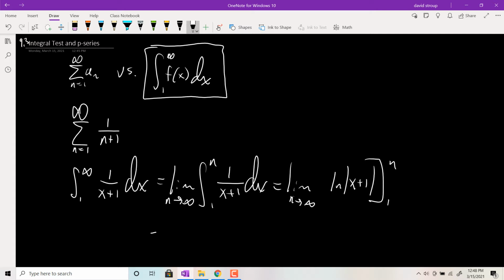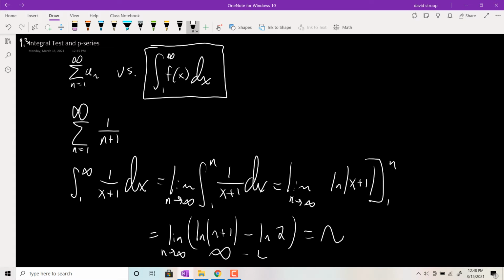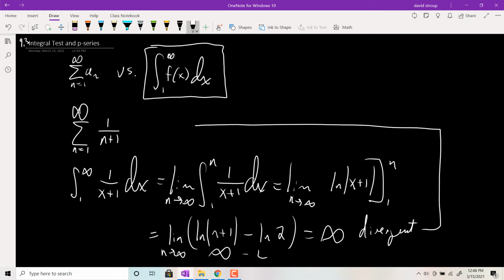We usually use b, I know, but for whatever reason I just used n. So anyways, that'll be the limit of the ln of n plus 1 minus the ln of 2 as n goes to infinity. And that ln of n plus 1 will go to infinity minus some constant. So that'll be infinity, and it'll be divergent, which then says that the series is also divergent.